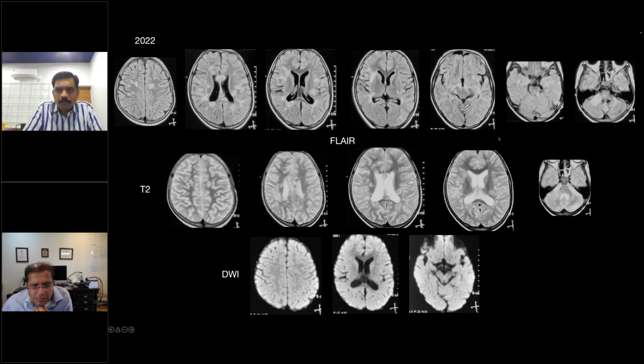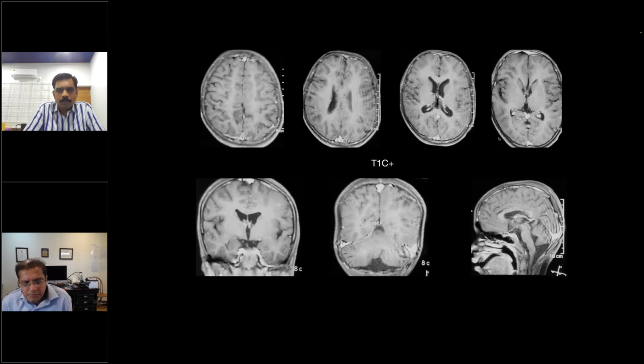Yeah, and within a week's time, he was completely normal with the pulse steroids. Okay, thank you. So we'll go ahead with demyelination, probably MOG related demyelination, as a diagnosis.